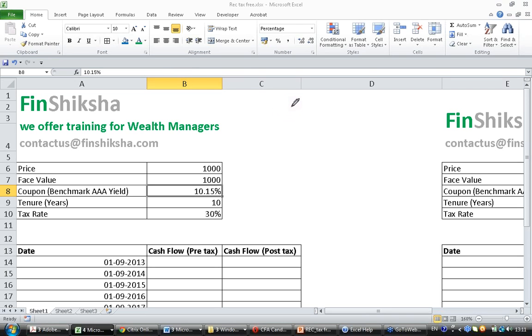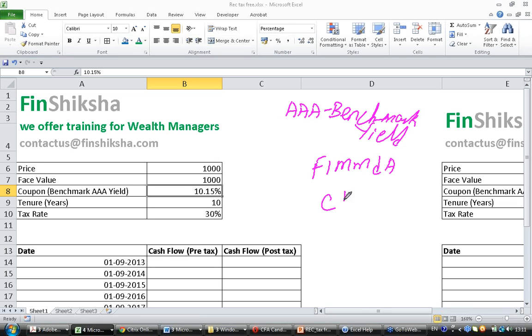A taxable bond can be found out by finding the AAA benchmark yield. One of the places in which it is available is FIMDA. FIMDA discloses it. You can get it from CRISIL. You can get it from Bloomberg or Reuters.